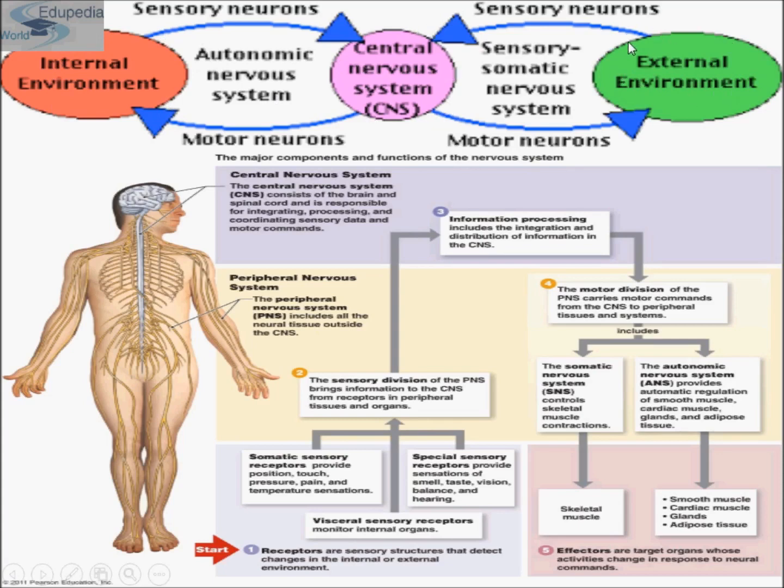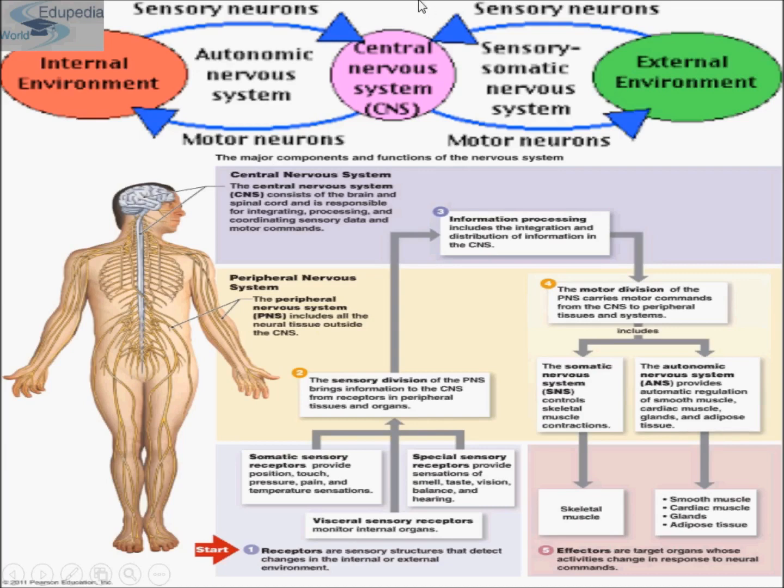Now what happens is, in your internal environment, afferent neurons will transmit the information to the central nervous system, and now this central nervous system will transmit regulatory impulses from CNS to the concerned organ. So that is your motor neuron, and this system is known as the autonomic nervous system. Now this is your autonomic nervous system.